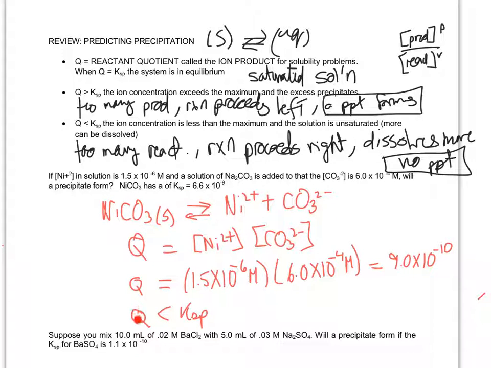So my product to reactant ratio is too small. That means that I'm going to proceed to the right for the reaction to reach equilibrium. Proceeds right, which means I'm going towards the ions to form more ions. More of it dissolves, and so no precipitate would form.